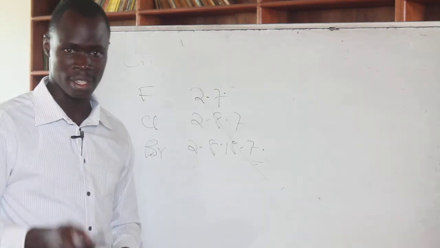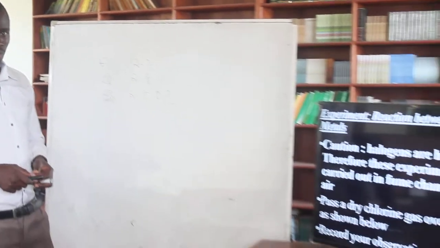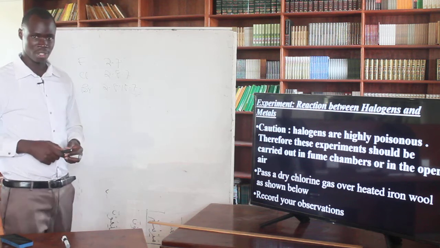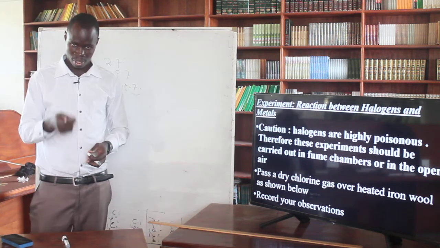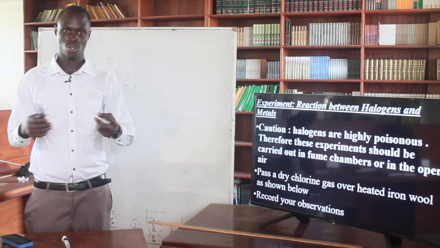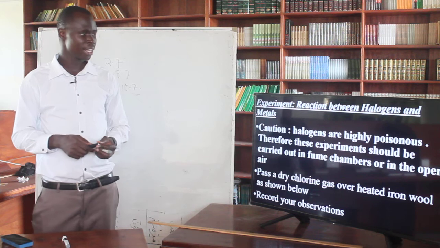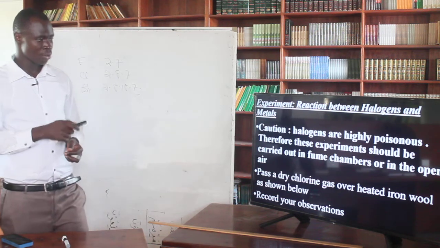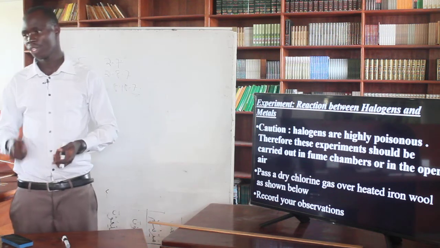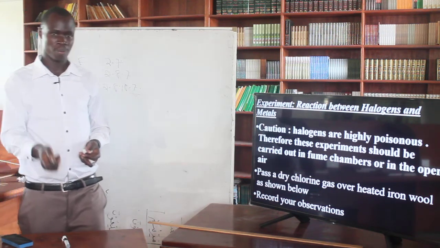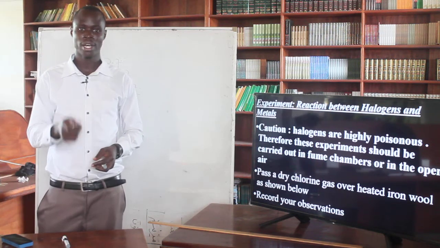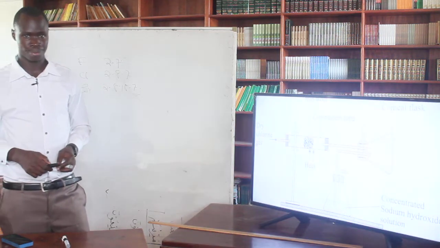So this is an experiment to show the reaction between halogens and metals. So this is the procedure, and one thing you should consider here is that these halogens are very poisonous. And reactions involving halogens should either be done in a fume chamber or in an open place. So, pass dry chlorine gas over heated iron wool, as shown in the diagram.